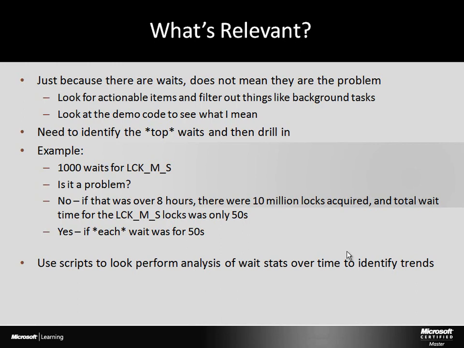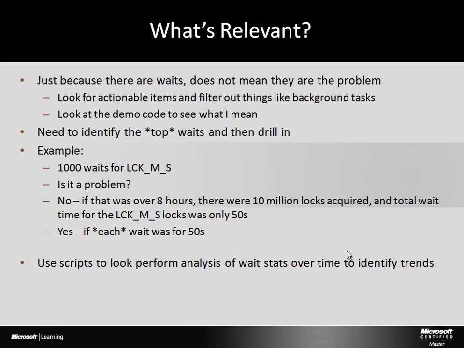No, I would say probably not. But if each of those 1,000 waits was for 50 seconds each, then that says that we've got some large-scale blocking problem, and I would want to go and investigate what was going on, figure out what connection was actually having those locking issues, and go and do something about it.